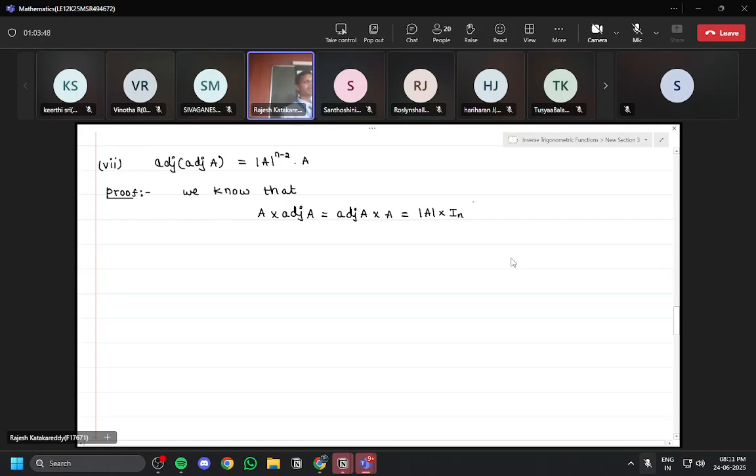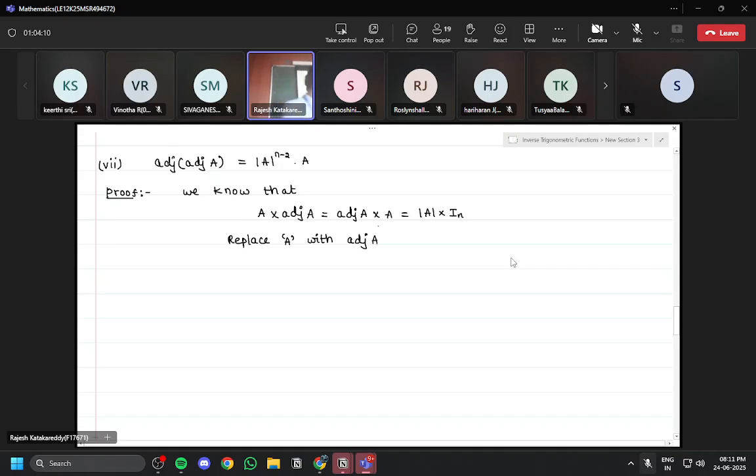From here only we are deriving everything. Let us replace A with, in the previous case we needed adjoint of A, so here we need adjoint of A. So replace A with adjoint of A.